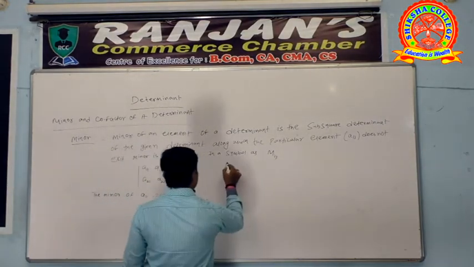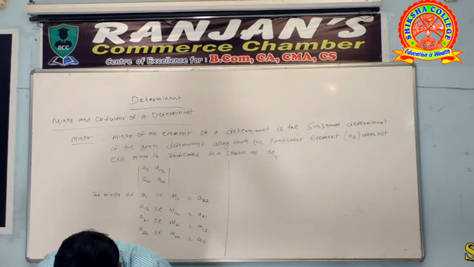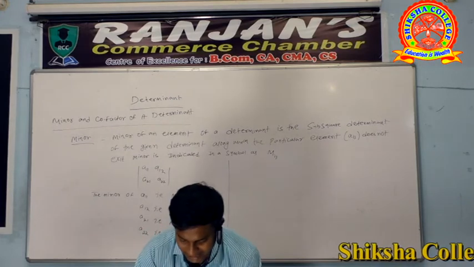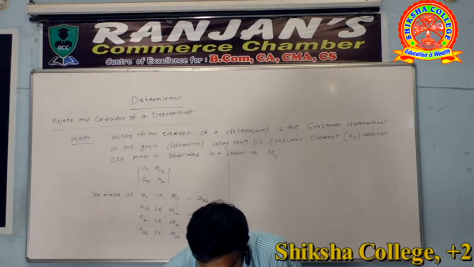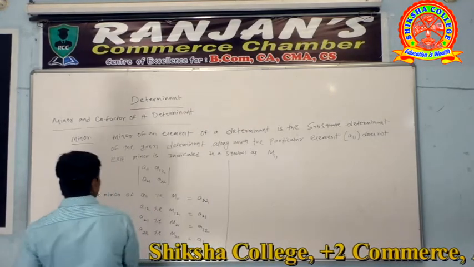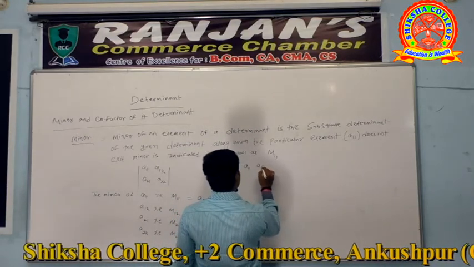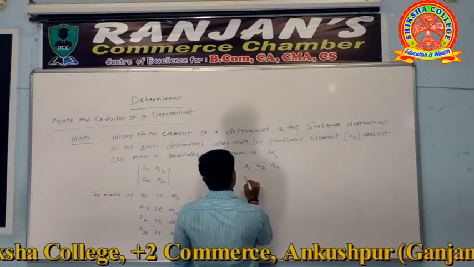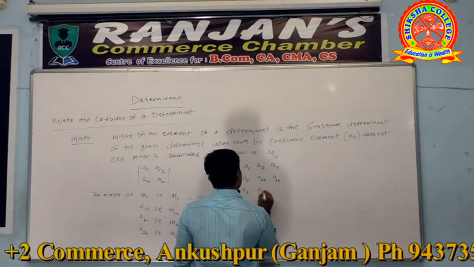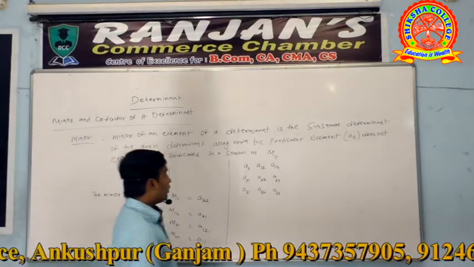Now what if it is a case of a third order determinant? In case it is a third order determinant, it is also very simple, what we did in the last process. See what we do. If the elements are A11, A12, A13, A21, A22, A23, A31, A32, A33, we can calculate the minor of all the elements.